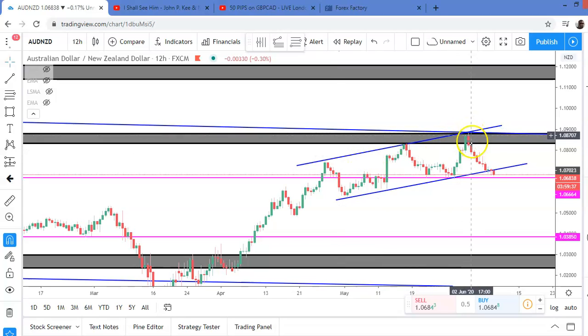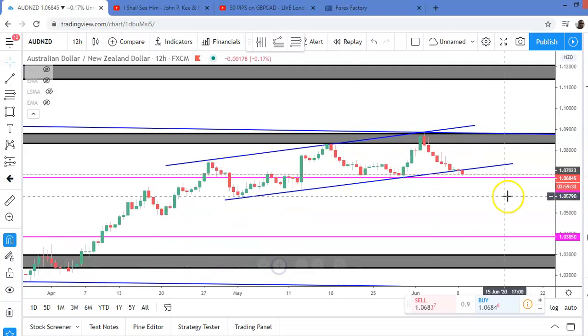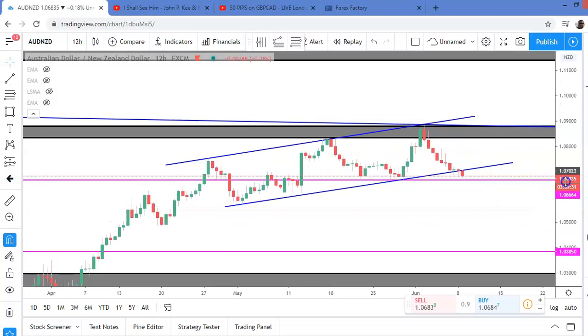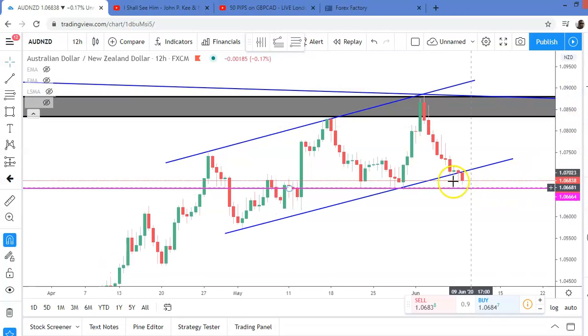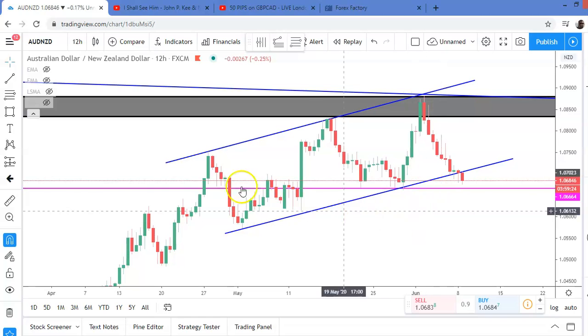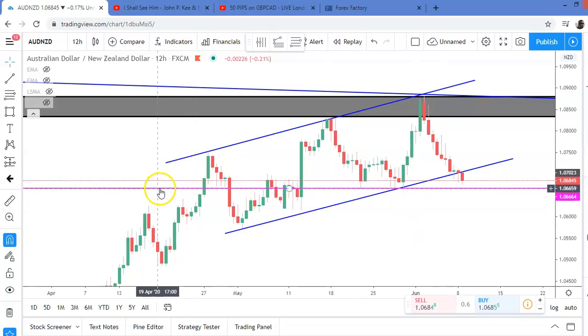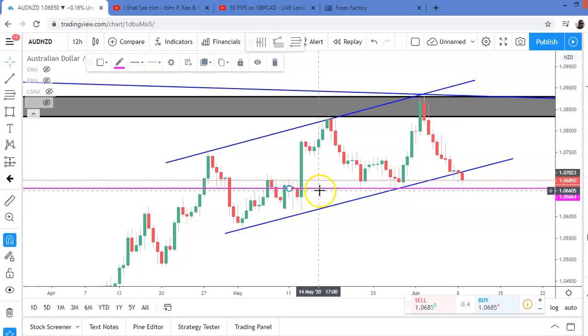And I predicted that we should wait to see if the channel breaks and retest. And what did it do? The channel broke, it retested, and now it's coming down. Now, we did say that this pink line was another support area.